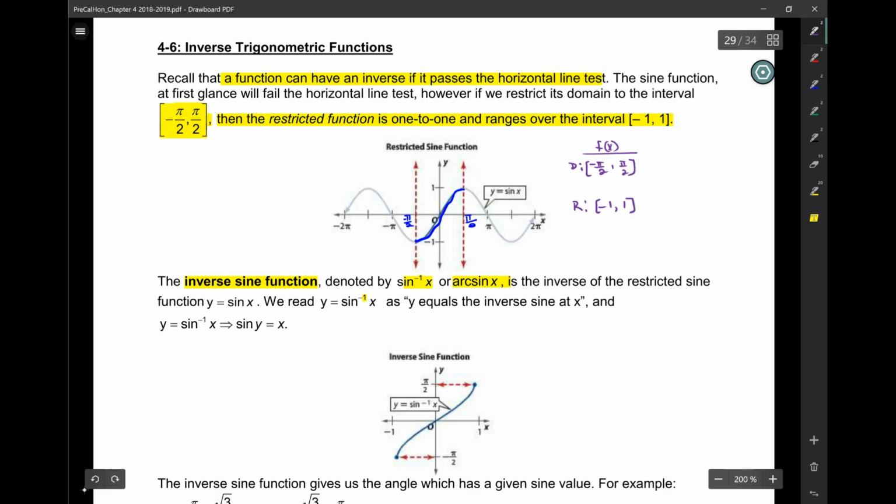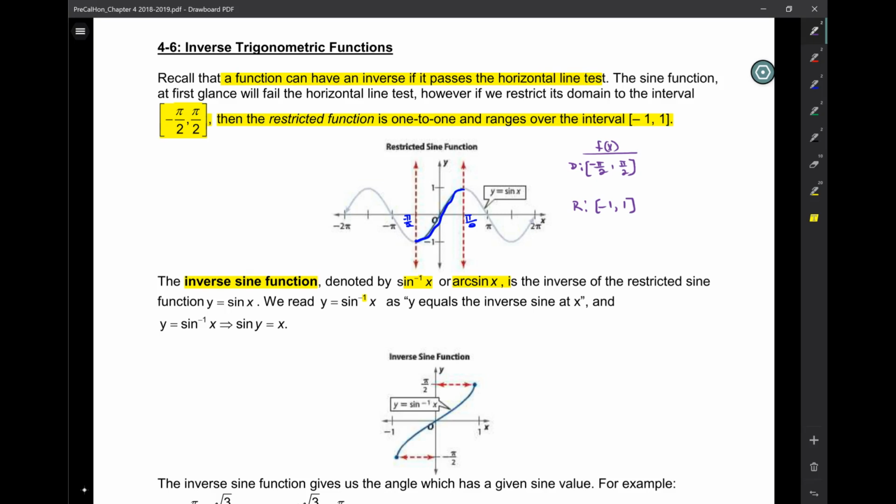Now, in algebra, when you had to find an inverse function for something, what was the first thing you did? You would interchange the x and y. That's what inverse does, it interchanges x and y.